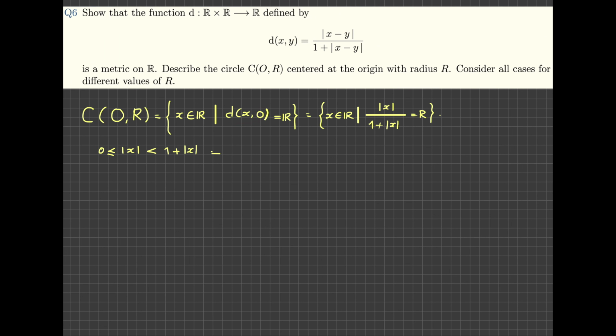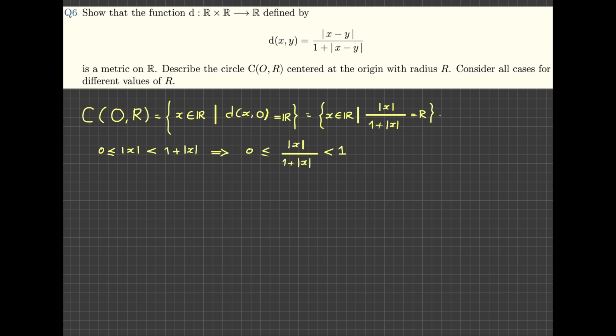So if I divide both sides by this expression, which is strictly positive, I will get the absolute value of x over 1 plus the absolute value of x is less than 1. So this means that the output of this expression is a number which is greater than or equal to 0 and is strictly less than 1.